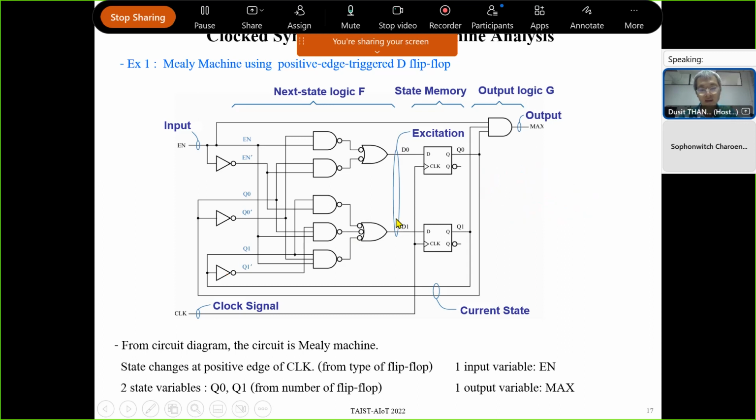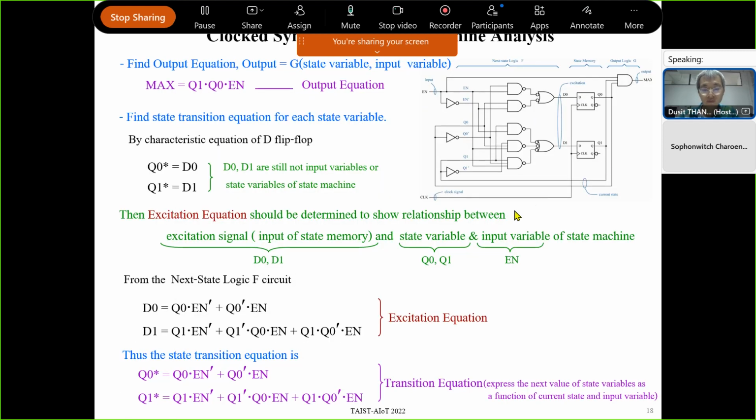Okay, let's see an example. For this example, the output Y equals Q1 and Q0 and input EN. So it's called the output equation.